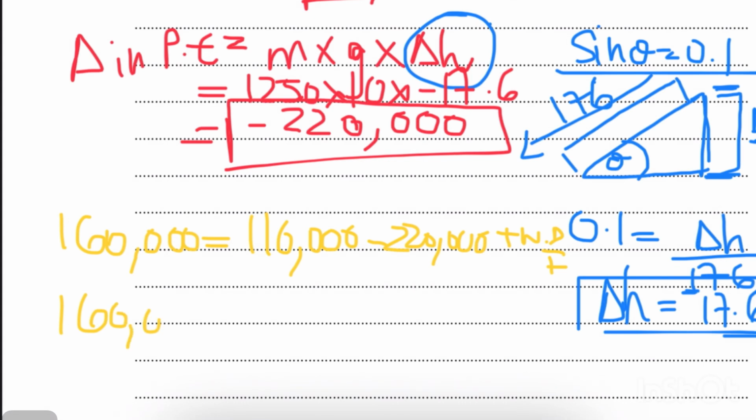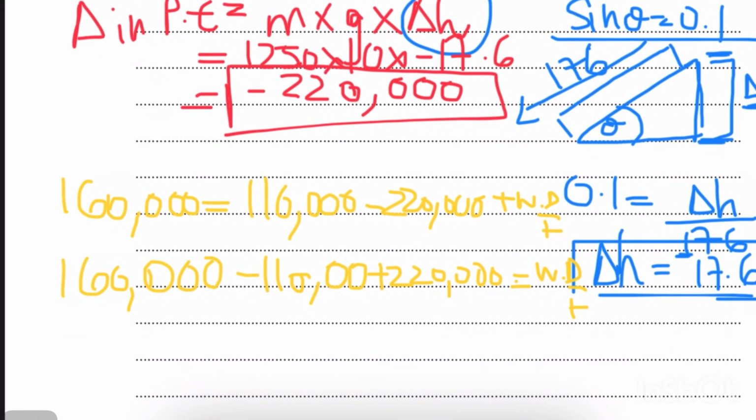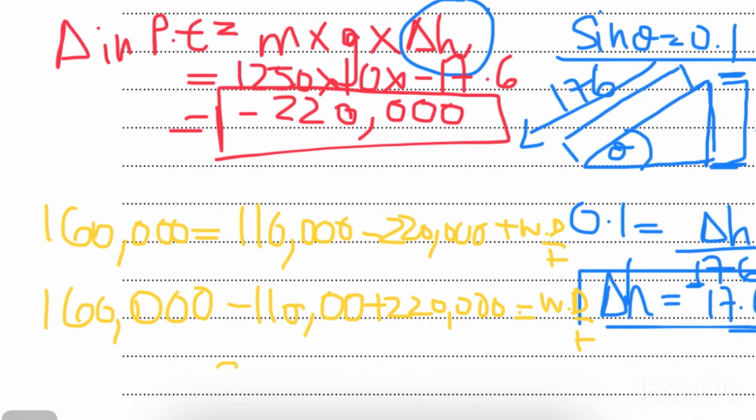So that means that 160,000 minus 110,000 plus 220,000 must be equal to the work done against friction. And if you do the calculations, we'll find out that this is equal to 270,000. So now we have the total work done against the resistive force, which is the work done against friction.